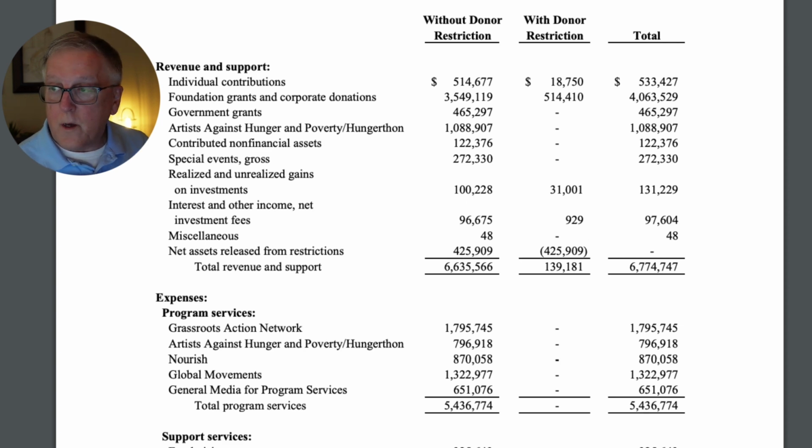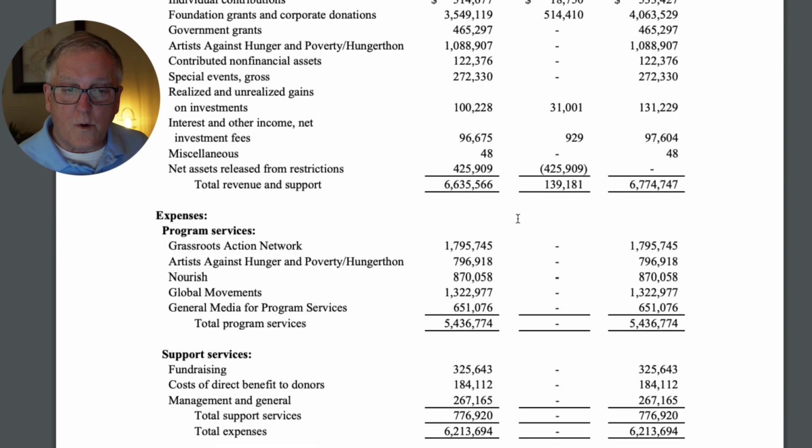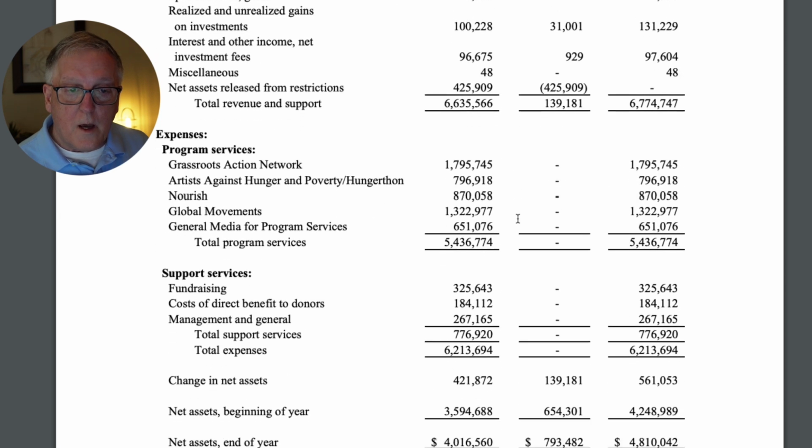Okay, now on the expenses, we see those here, and notice there's two main categories here, one for program services, one for support services. Those two categories should appear in a nonprofit statement. So the program services here, you can see 5 different programs, and then there's the expenses for each of the programs.